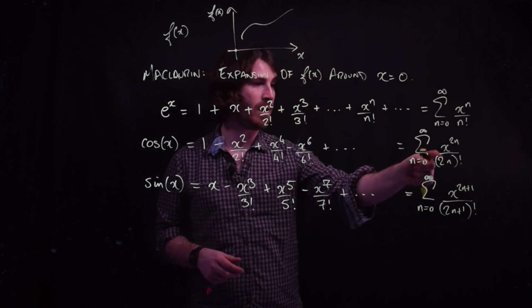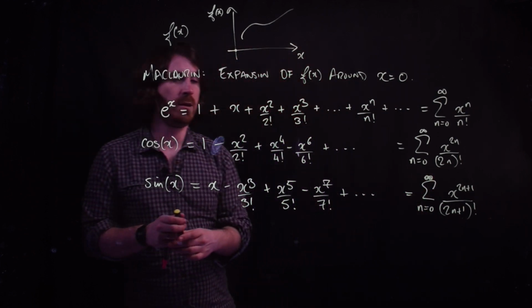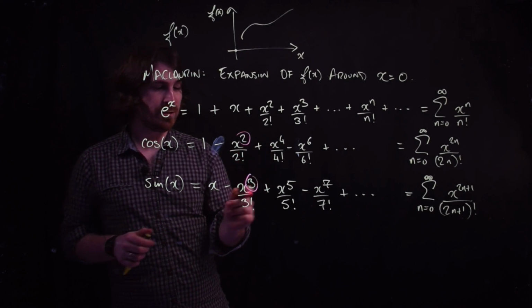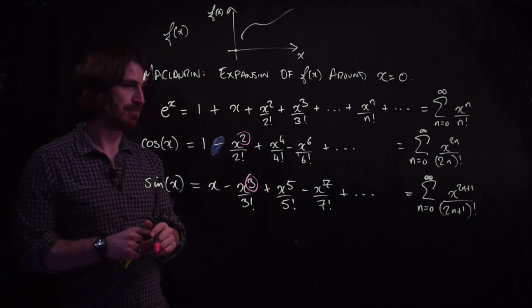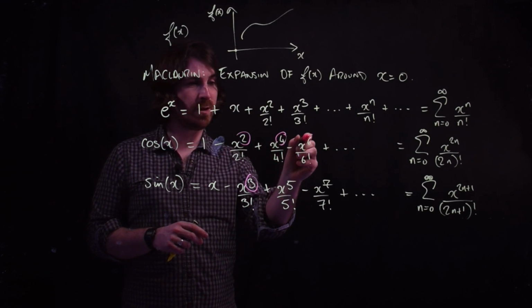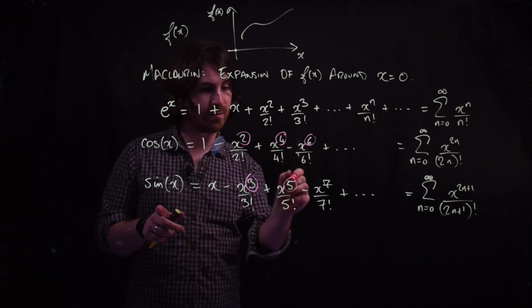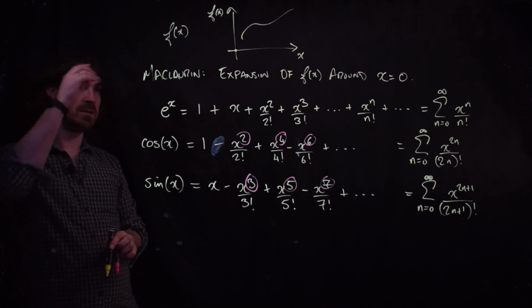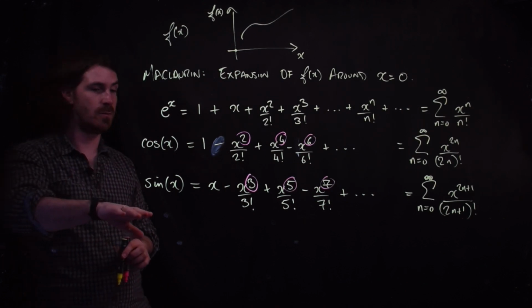So the 2n and the 2n plus 1 give us the even powers and odd powers. Here we have even powers, and in sine x we have the odd powers. So this is the Maclaurin series, expansion of the function about x equals 0.